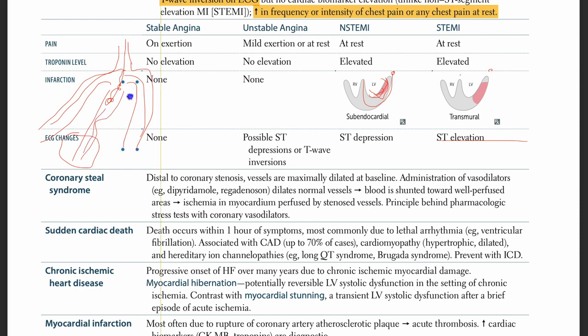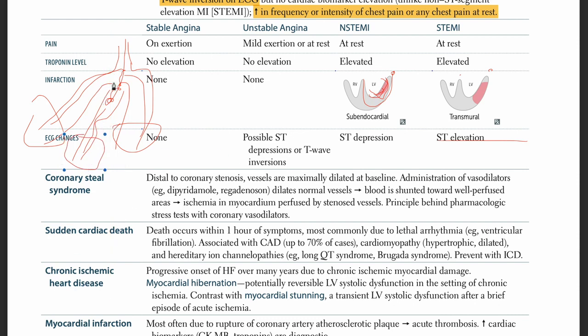But now that there's no resistance here, there's nothing making the blood go from here to here instead of just going here. It's easier for them. They'll perfuse this area, and this area is now going to get ischemic. Hopefully that makes sense now.